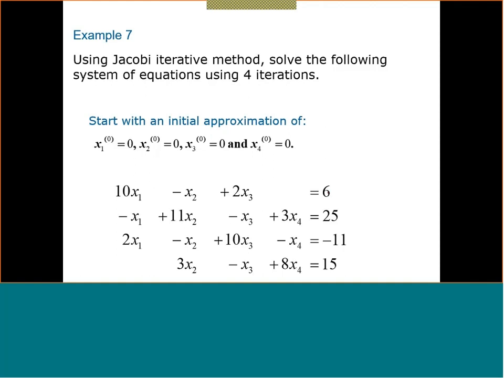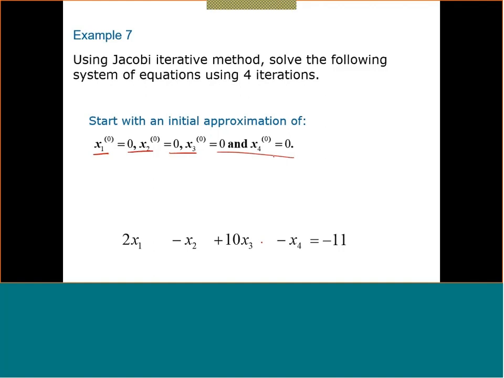And then we have minus 10x1 plus 11x2 minus x3 plus 3x4 equal to 25, etc. We want to solve this system, and this is the initial guess we will use: everything is equal to 0.